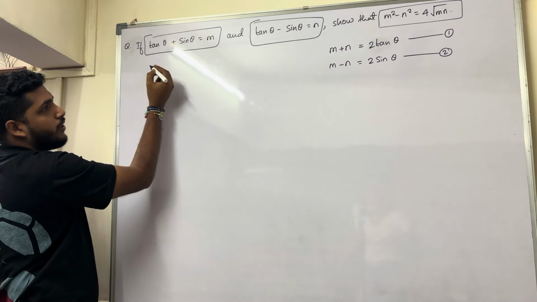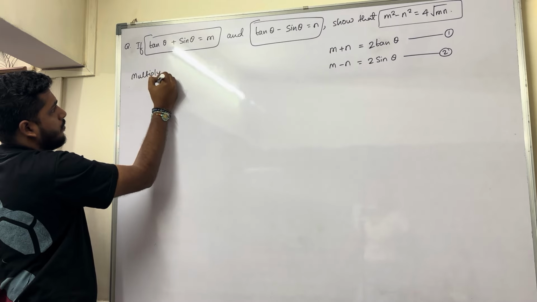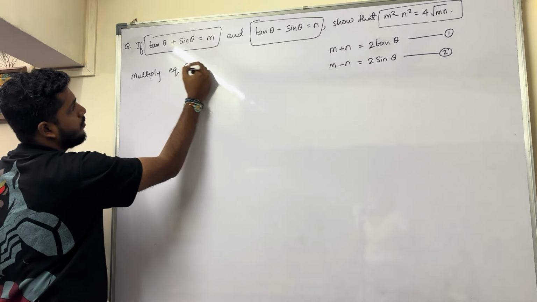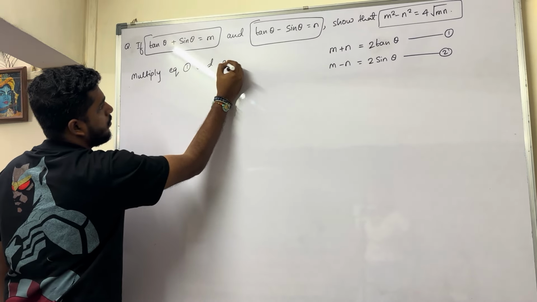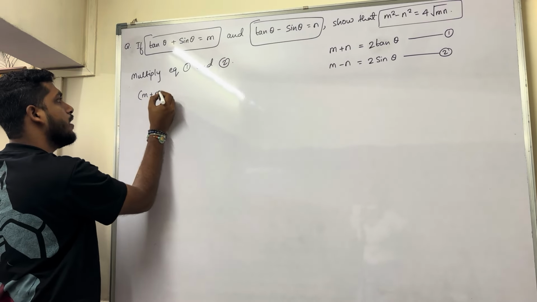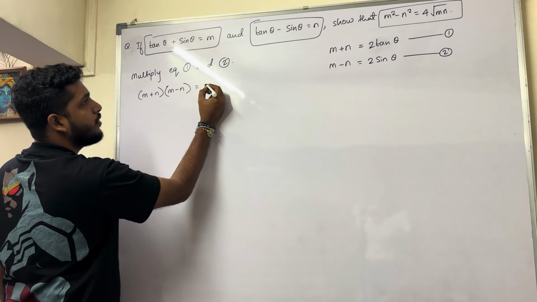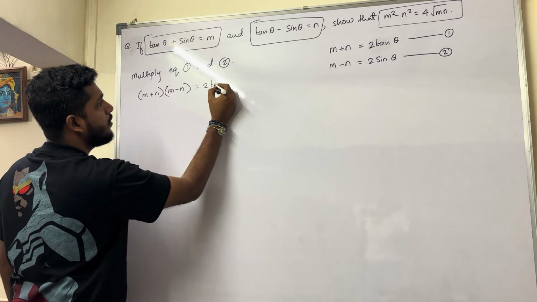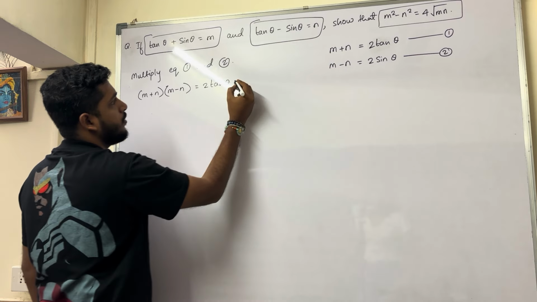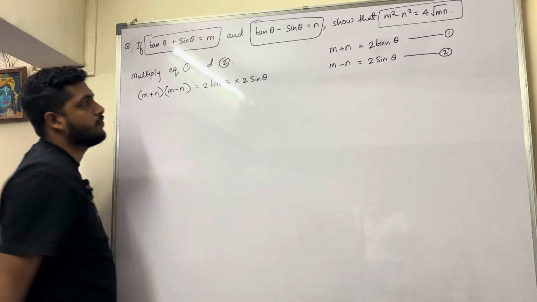Let's multiply these two equations. So it will be like m plus n into m minus n. That will be 2 tan theta into 2 sin theta.